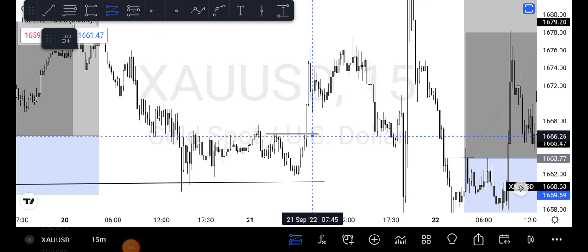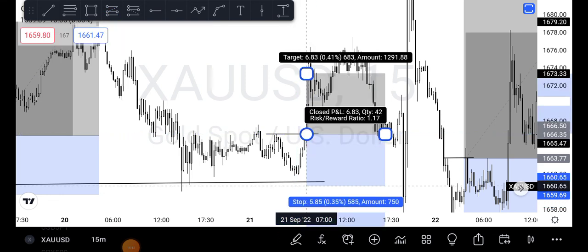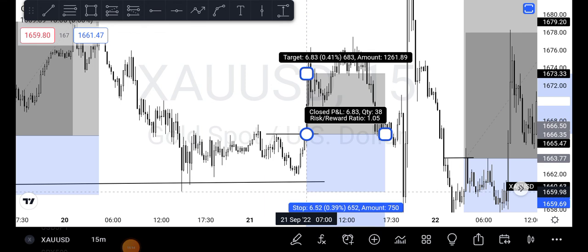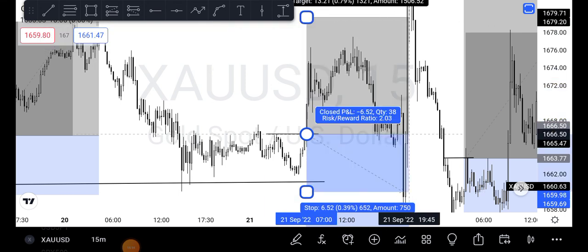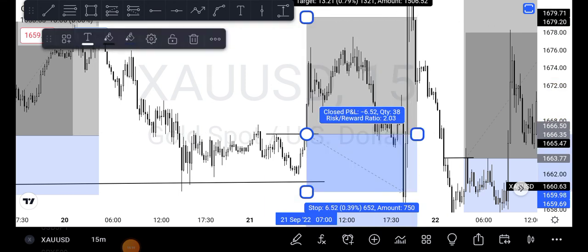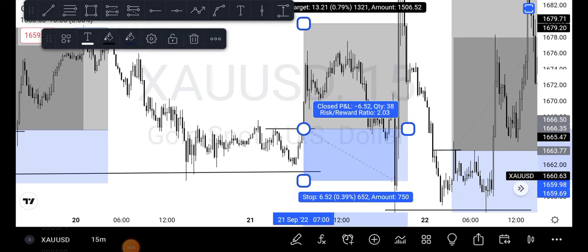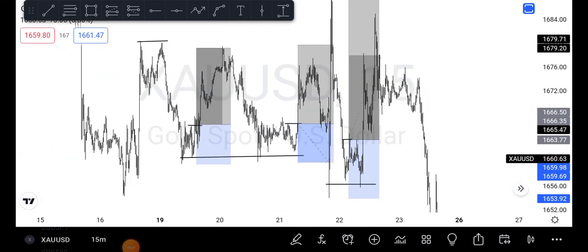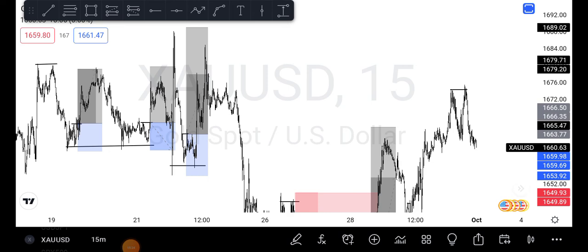If you've been following me, you understand that was a mistake. Okay, so I'll set my stop loss just below the low and target higher. Okay, here I was stopped out. So that's how you can trade support and resistance.